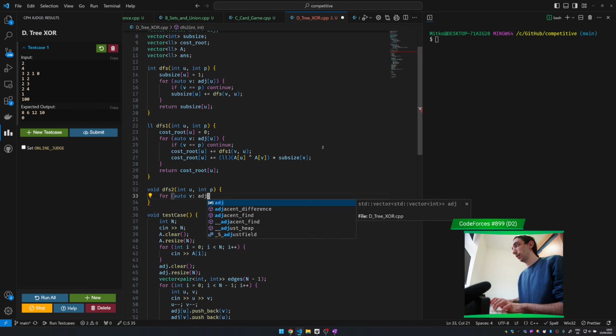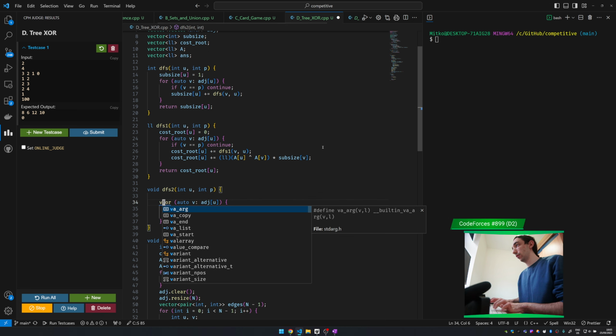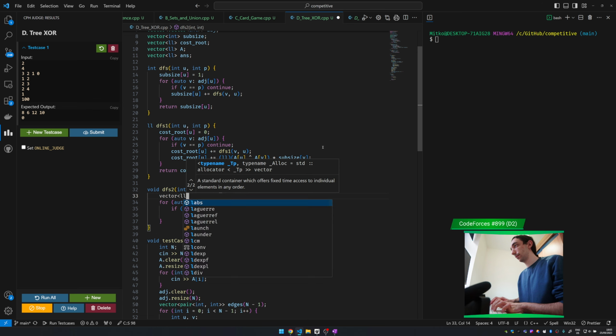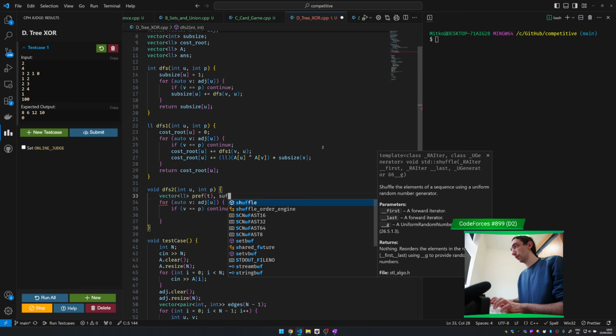So V in adjacency at U, V is not parent continuum. Then I have all of these costs. So this is like, let's say T.